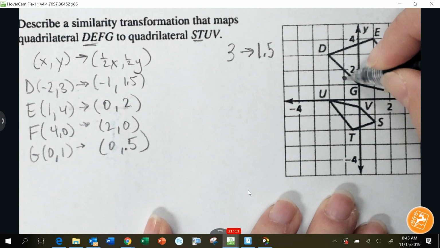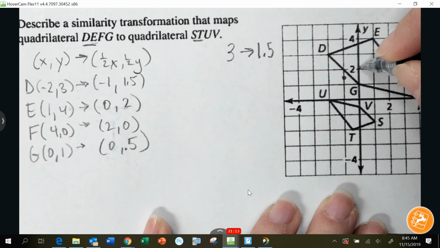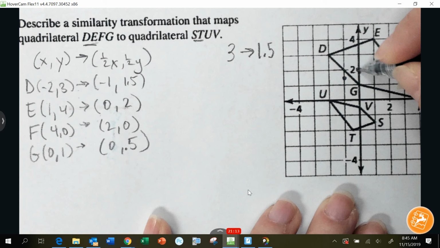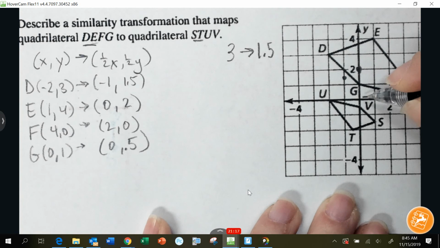And you notice I'm using the pencil right now because I'm not sure if I'm right. Why do I think I didn't graph that right?